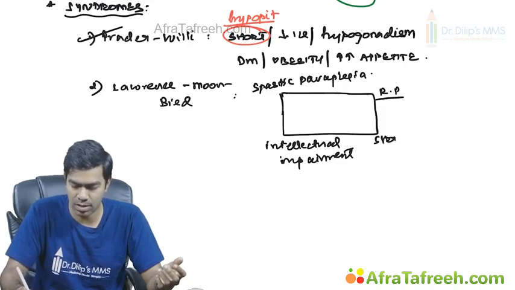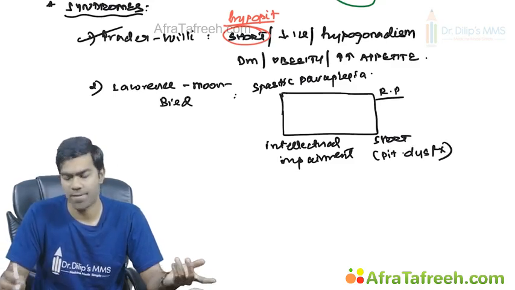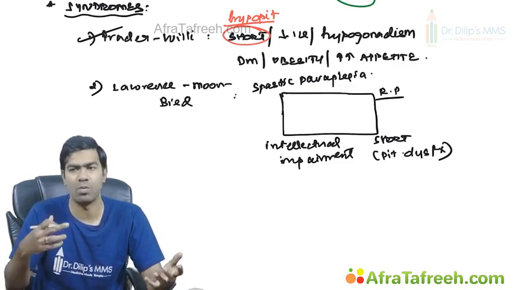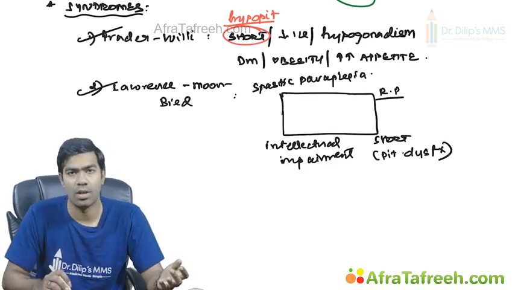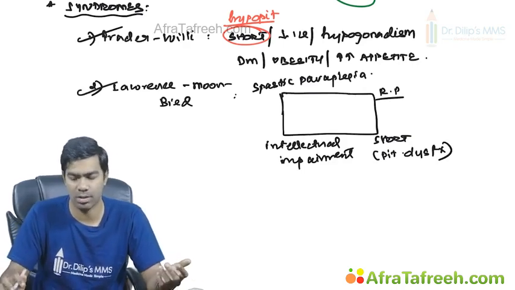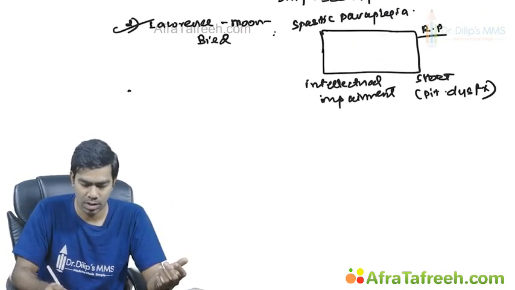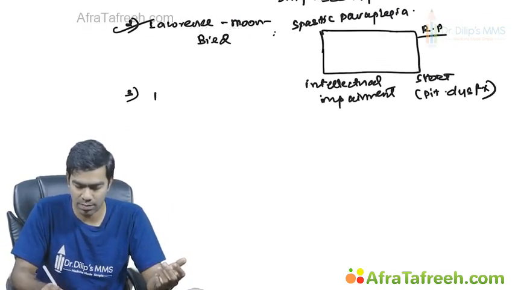And this short stature again is due to pituitary dysfunction or hypopituitarism. That is the reason. Clear? And the majority of the patients can have a moon face, a little obese, and all these things are fine. So these are the characteristic features of Laurence-Moon-Biedl syndrome, and both these patients are short, and that is because of hypopituitarism.